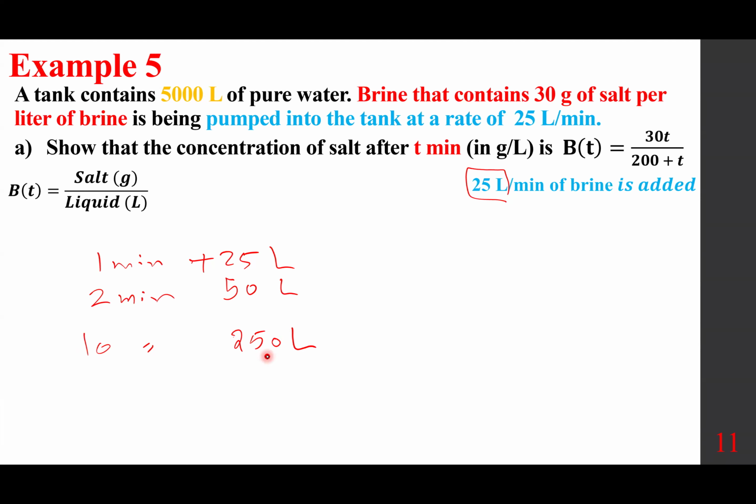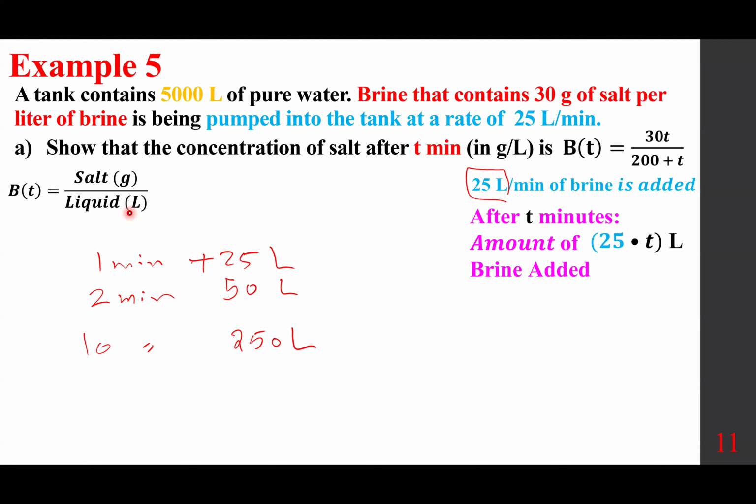So after t minutes, we have 25 times 1 here, 25 times 2 here, 25 times 10 here, 25 times t liters here. 25 times t is the amount of brine that has been added after t minutes. So 25t will be added to 5,000 for the bottom, which is the liquid form.